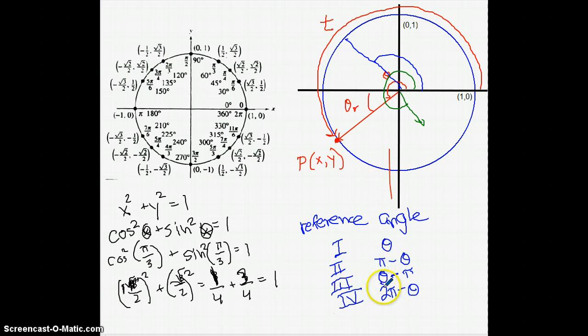This, by the way, assumes that theta is between 0 and 2 pi. If theta is a negative number, obviously you can't just quickly apply this chart. Otherwise, it's a little more difficult. But that's the basic idea.